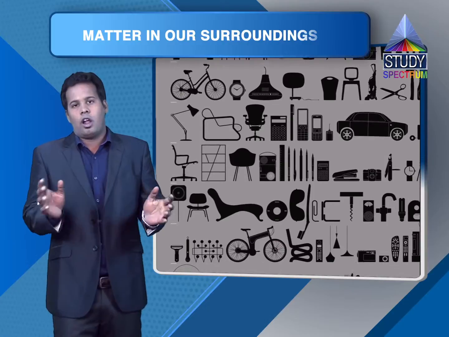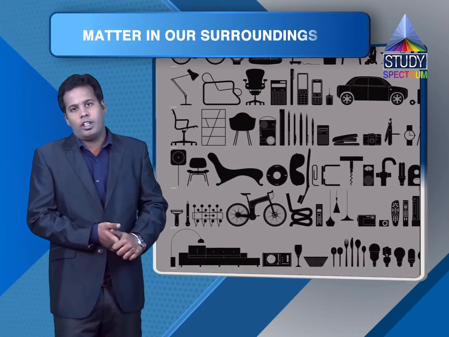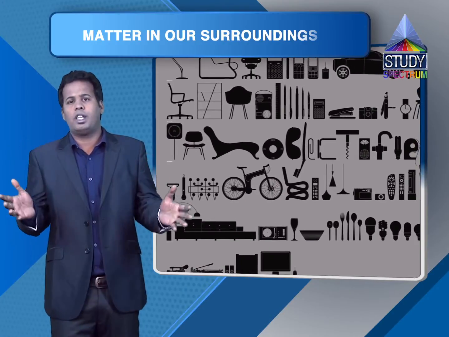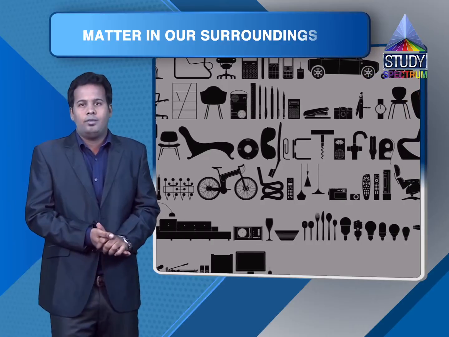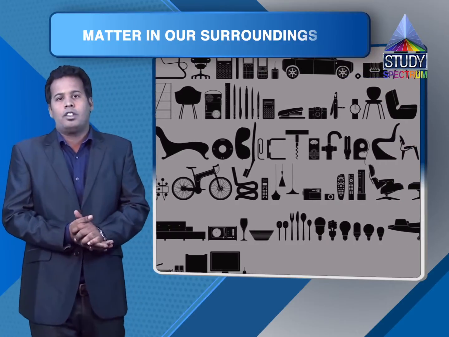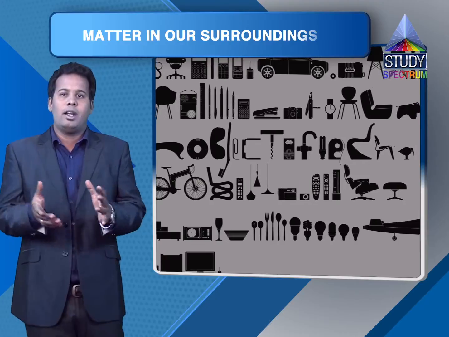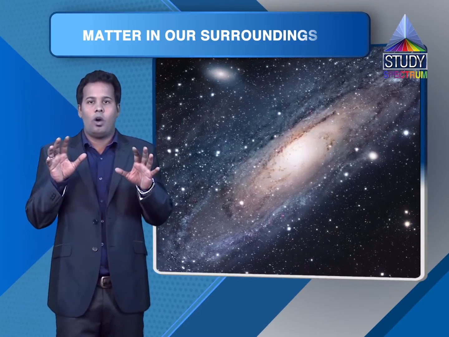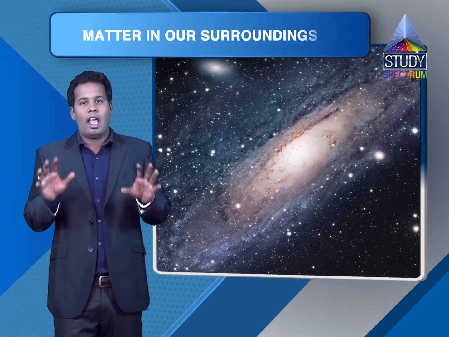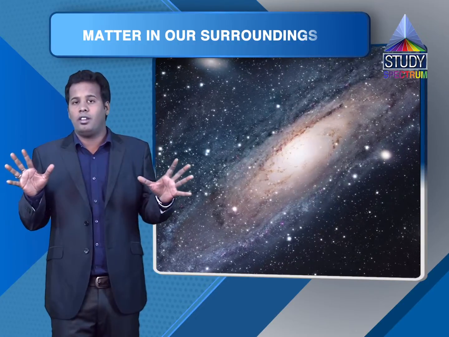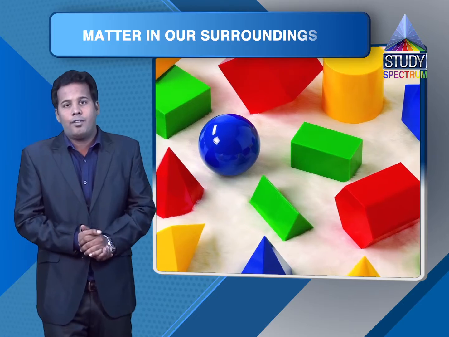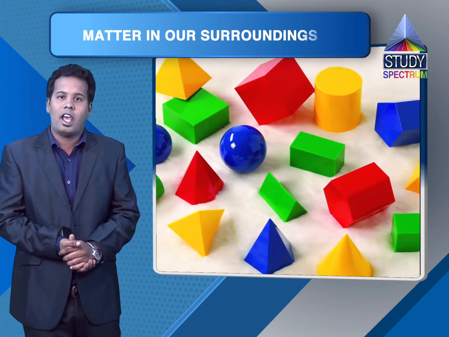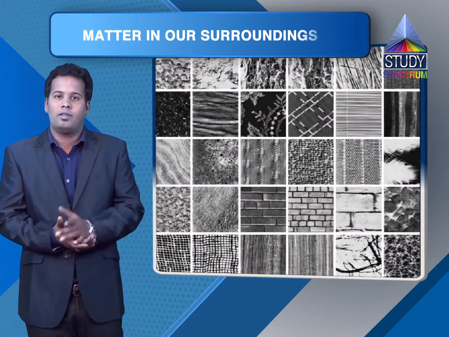Friends, in our surroundings, in our day-to-day life, we see many objects and things which are made up of some material which scientists named as matter. It doesn't matter if you see on this planet, galaxy, universe, anywhere. They have different shapes, different sizes and different textures.